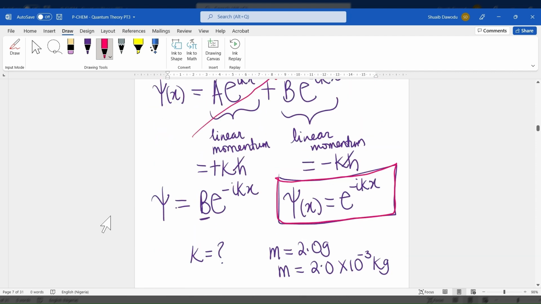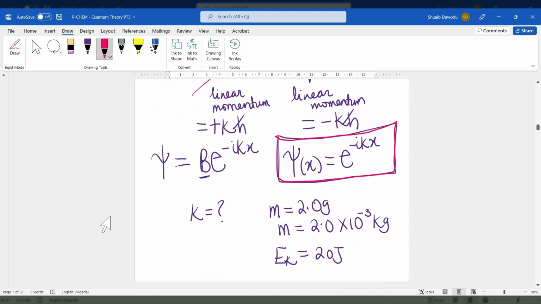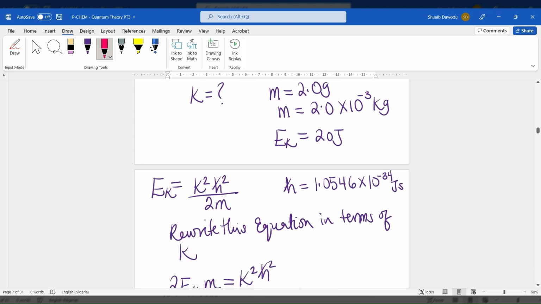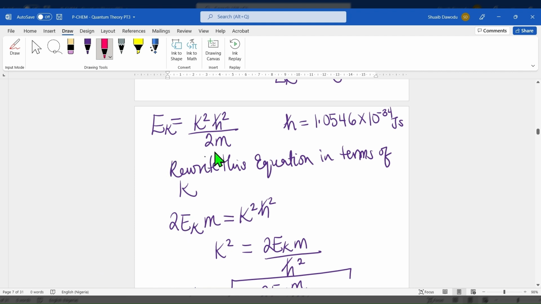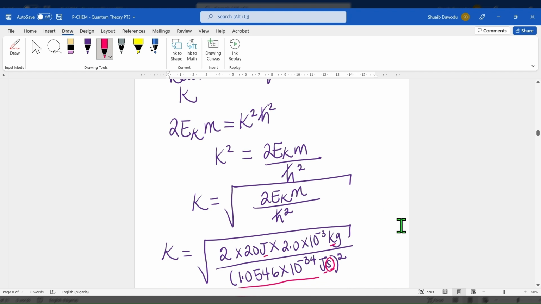So we used our understanding of the kinetic energy and all the other information we were given to determine k using the equation E sub k is equal to k squared h bar squared divided by 2m. When we did that, we rewrote the equation in terms of k, and we ended up with k equal to the square root of E sub k m divided by h bar squared.